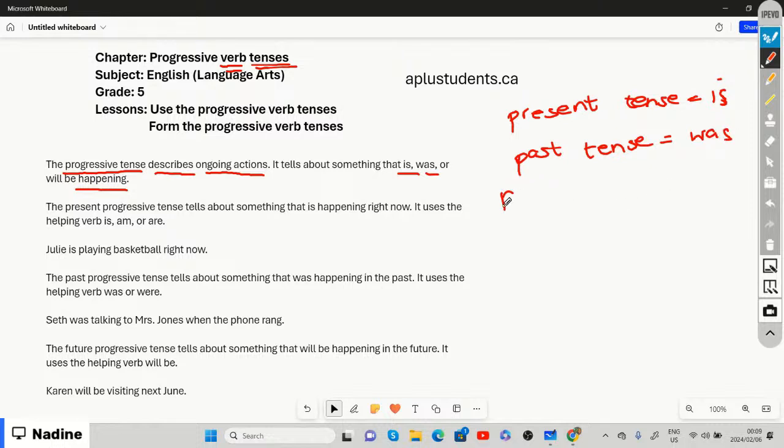And then future tense, it will be. So it says that progressive tense describes the ongoing action, and it tells us about something that is, was, and will be. So is, which is in the present tense, was, which is in the past tense, and will be, which is in the future tense.